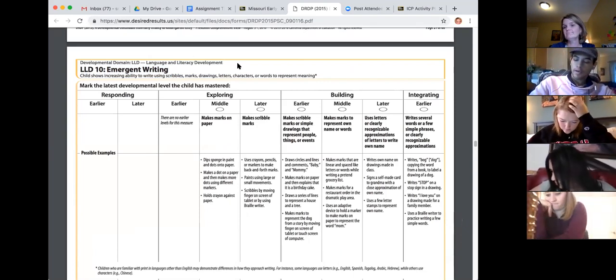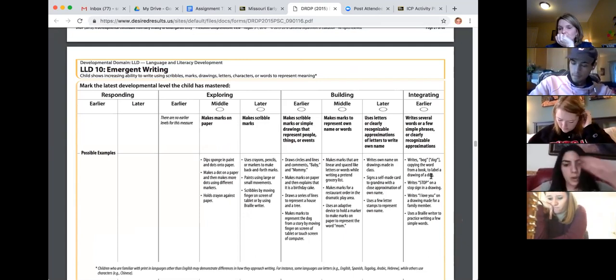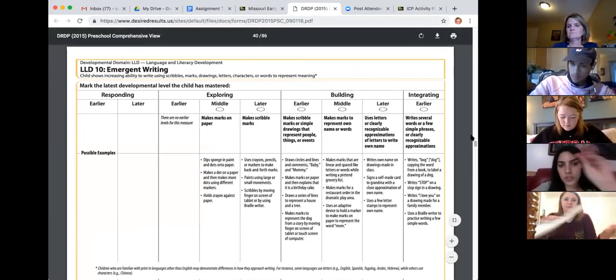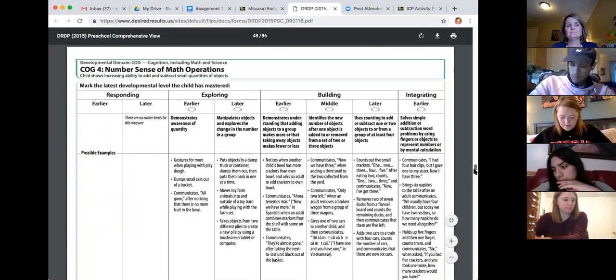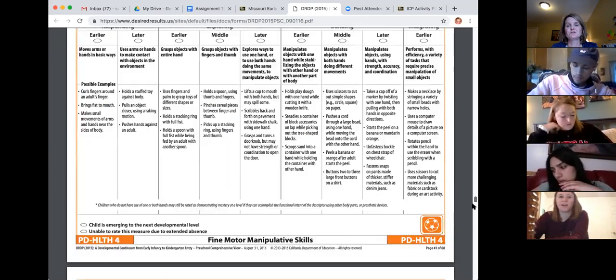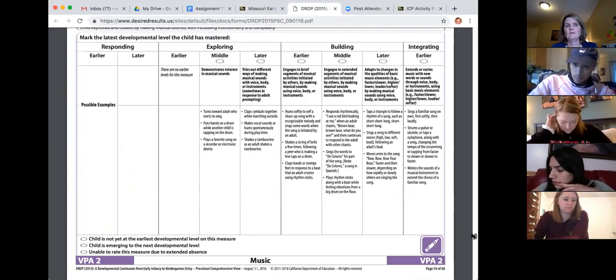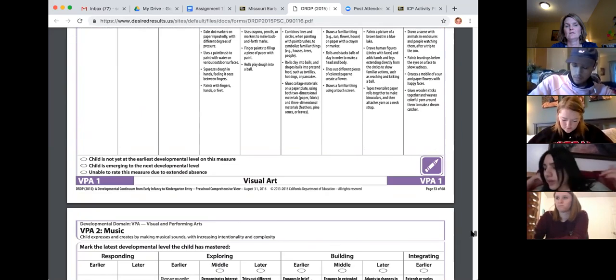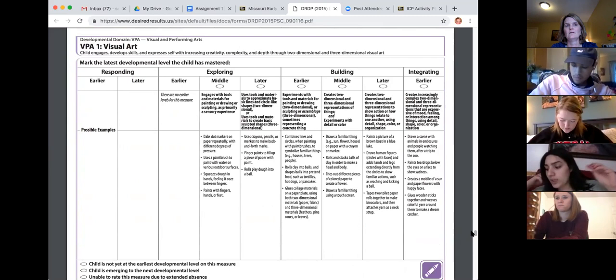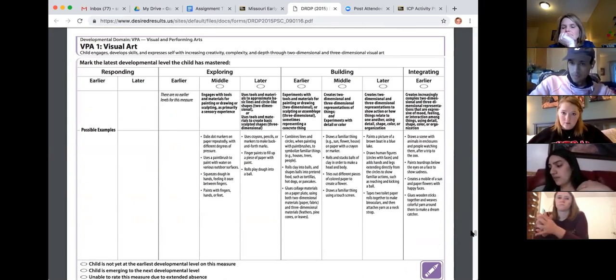All right, what you got? Okay, so in order to develop, I'm doing visual art. So in order to develop visual art. What's your first two parts? Okay, so I said while creating pizza models with Play-Doh, children will engage, develop skills, and express themselves while increasing complexity and depth through three-dimensional art in order to develop visual art.